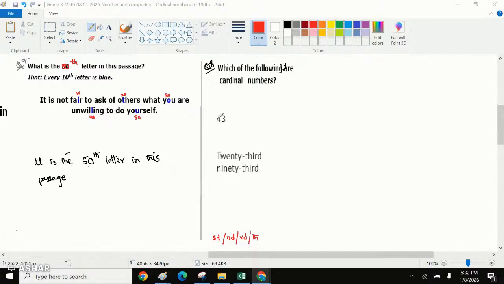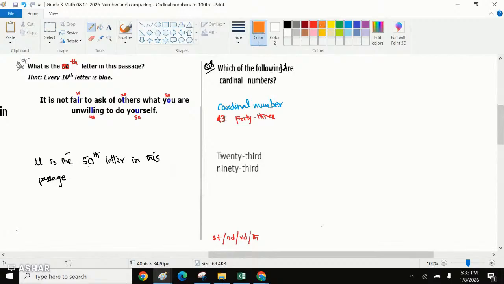So we can see that we have 43 given over here. 43, right? Does this number end with st, nd, rd, or th? No, it does not, right? So 43 is the cardinal number. A number which does not end with these abbreviations is a cardinal number.